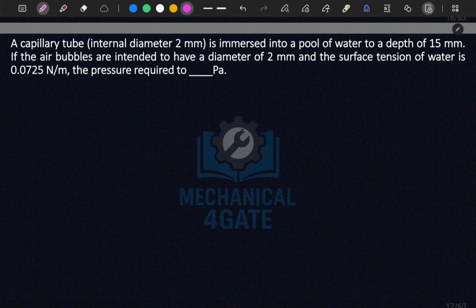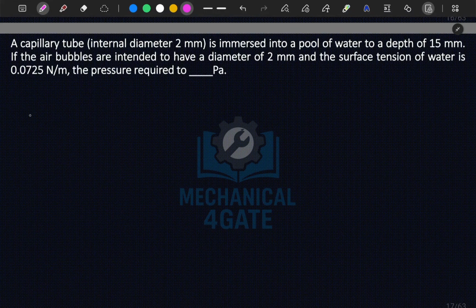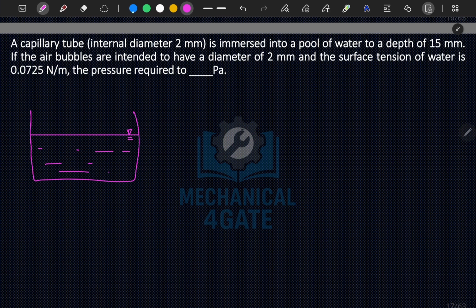Now, a capillary tube of internal diameter 2 mm is immersed in a pool of water to a depth of 15 mm. So there is a water beaker. Let's say this is a container of water, filled up to this level. Now it is mentioned that a capillary tube is dipped inside this.